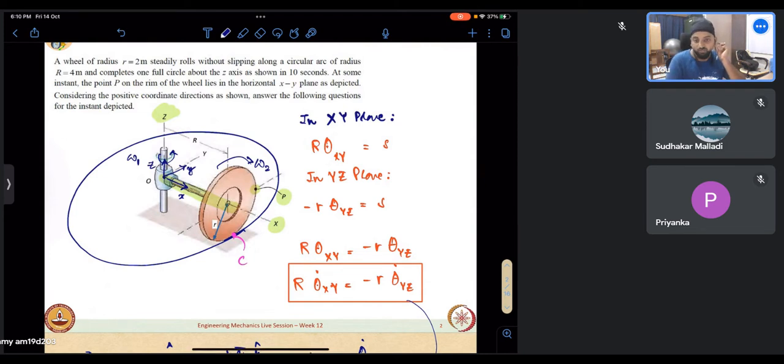I connect it to the arm. Now I can see that as it moves, I can calculate the velocity. I have the wheel's angular velocity. Let me call this point still O.